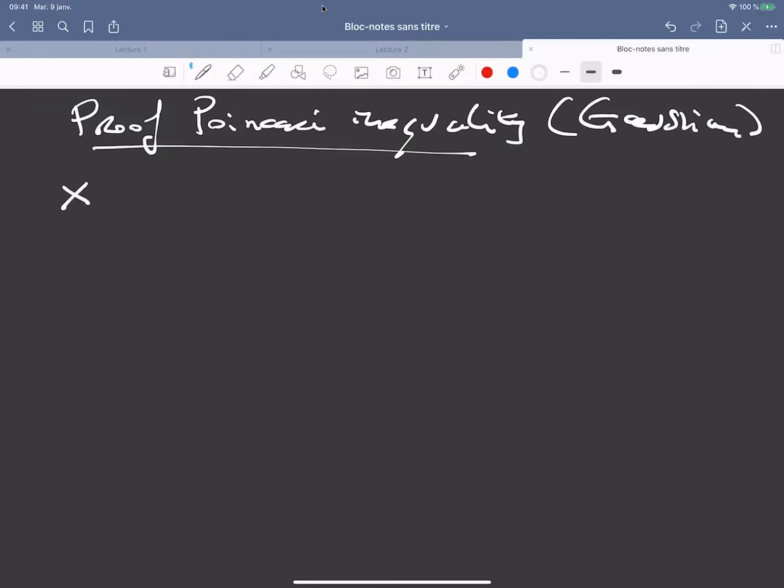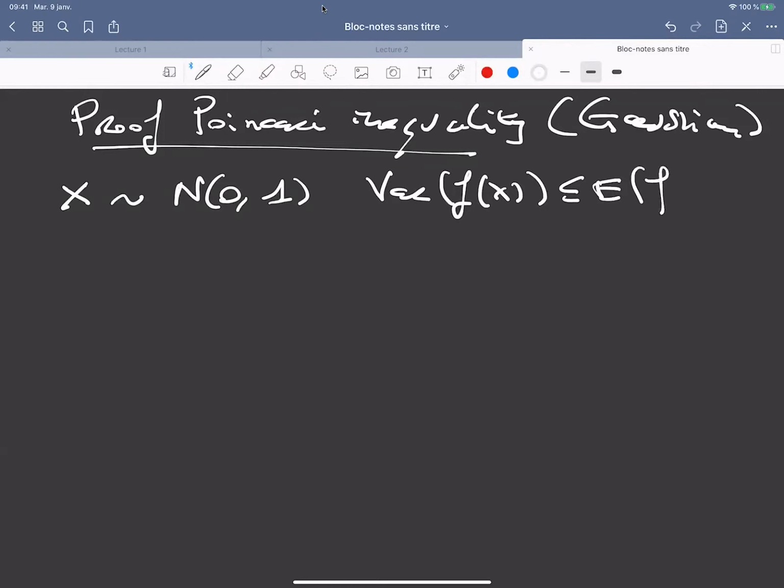So you have a variable x, which is a standard normal, and you want to show that the variance of f of x is less than the expectation of f prime square of x. So how to do that?